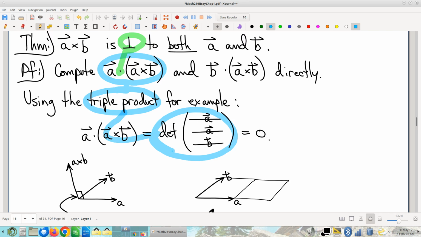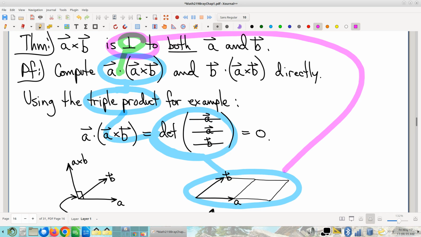Yeah, right? That we just showed. Determinants compute volumes, at least the absolute value of the determinant gives you the volume. So notice we've turned the original question about orthogonality into a geometric question about volume by way of determinant, by way of triple product.